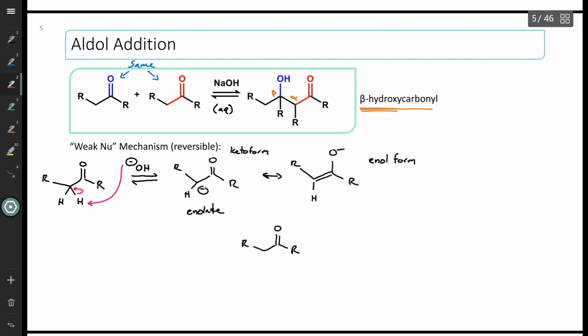Now you can draw the enolate attacking, or you can also draw from the enol form attacking. It's the same. You attack the carbonyl, and you will get an initial addition product.